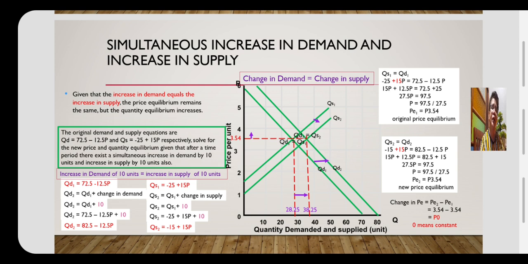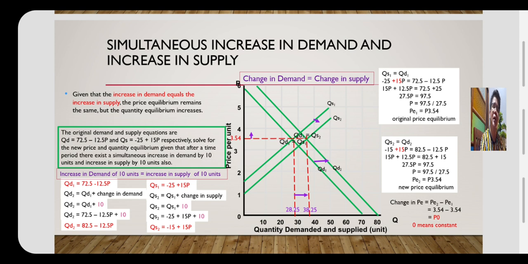And notice that the original equilibrium point is between QD1 and QS1, and the new equilibrium point is between QD2 and QS2. Notice that their corresponding price equilibrium are the same. That implies that the price equilibrium is constant.